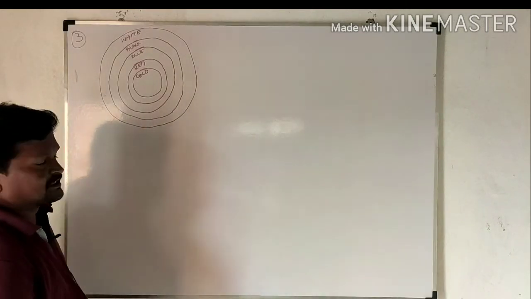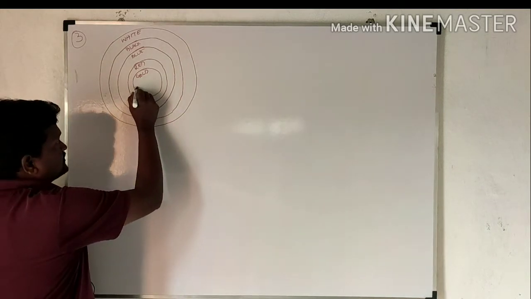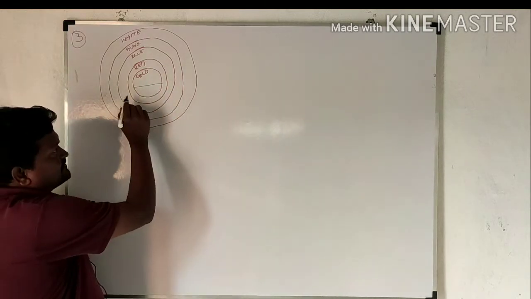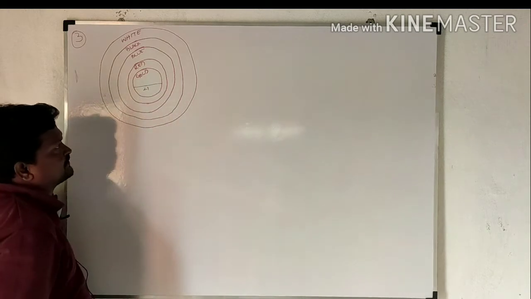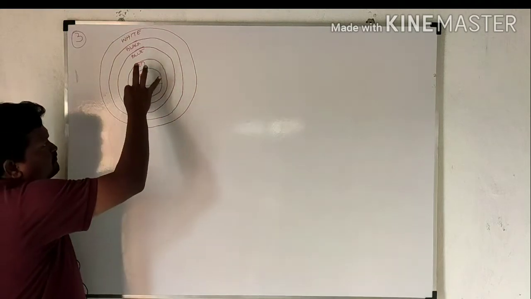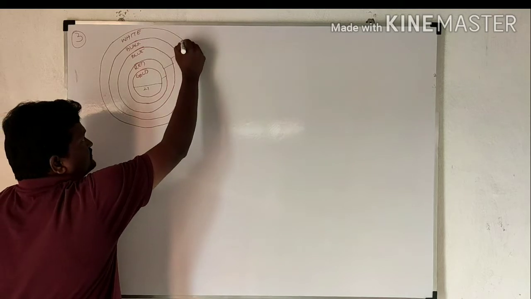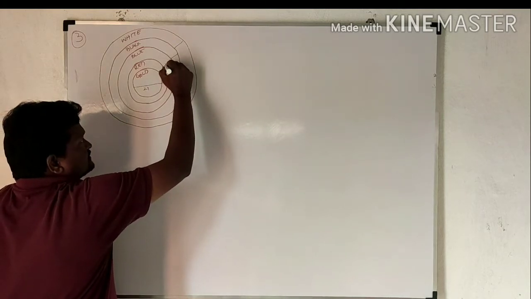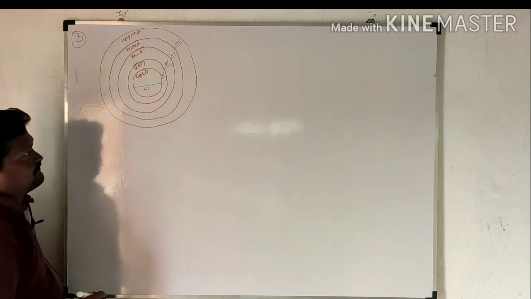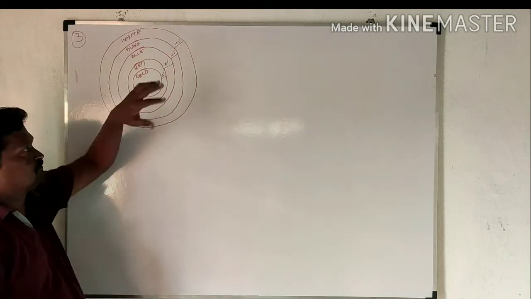In the textbook it is given that the diameter of the gold region is 21 centimeters, and the width of each part is given: this is 10.5, this is 10.5, this is 10.5, this is 10.5. By using this we have to find the area of all the circles.